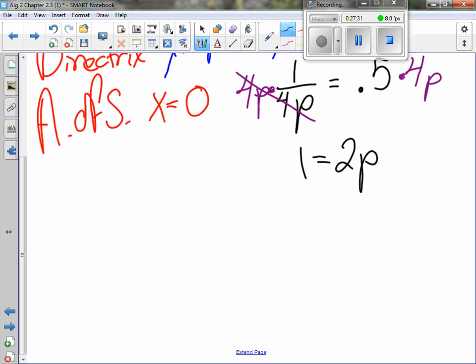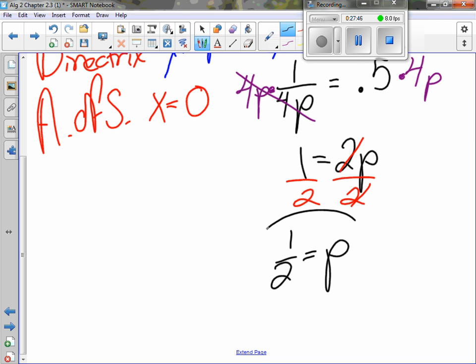So we're almost done solving for p. We've got one more step. We're going to divide both sides by 2. So 1/2 is equal to p. So we found the value of p, yes? So does that mean I know the focus and directrix? Yes.